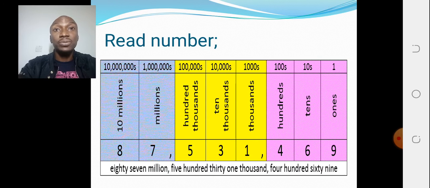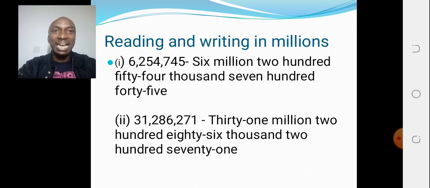You discover that this is a number in millions because we have 6 numbers at the right hand side representing the 6 zeros. You see you have 5, 3, 1, 4, 6, 9. They represent the 6 zeros that million has. So in reading out this number, we'll read it out as 87,531,469. Great. Easy, right? Now let's continue with further examples.